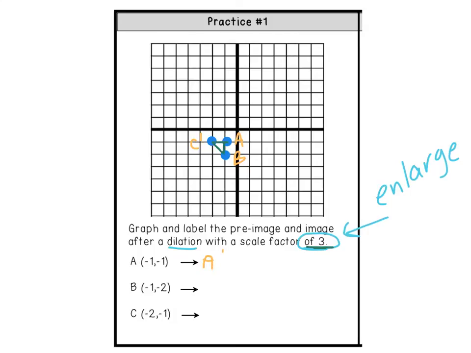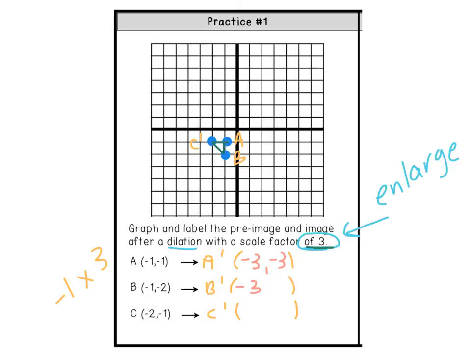So let's go ahead and get our ordered pairs set up here. And we're going to make everything 3 times bigger. So we're going to go -1 times 3. So our first one will be -3, -3. And then for B, well, there's that negative 3. Negative 1 times 3 again, which is negative 3.